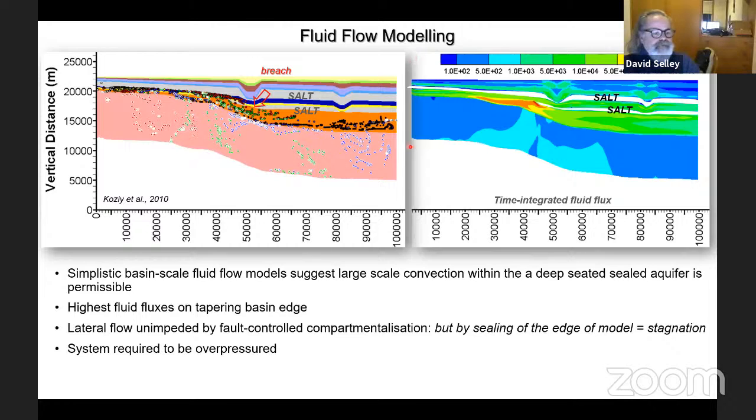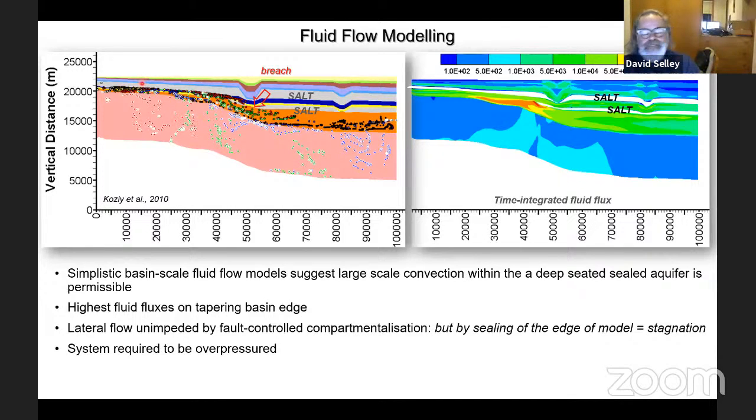So this boundary here is closed, and as I pointed out, this upper layer of salt is basin-wide, so it produces a cap. So the fluids at this position here are effectively trapped. So we can see here there's a dense bunching of particles, but effectively the system here is stagnant. Okay, we've got no throughput of fluids in here.